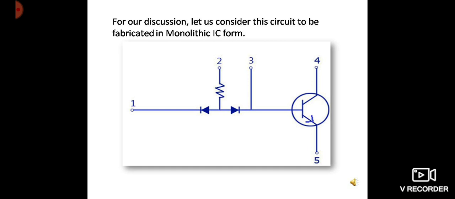You can see in this diagram that this particular circuit consists of an NPN transistor, two PN junction diodes, and a resistor. There are 5 terminal points, that is, the number of pins coming out from the IC is 5 in this case.